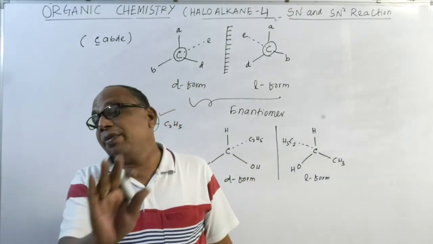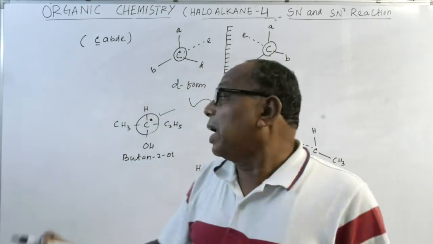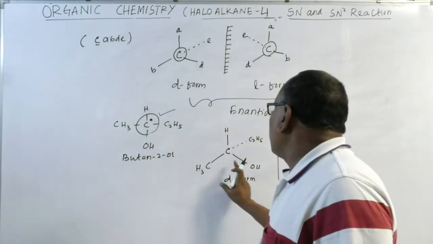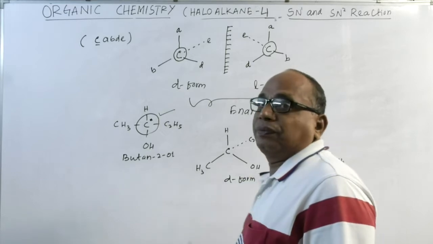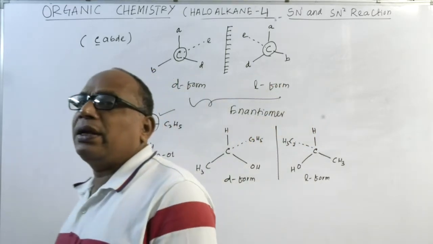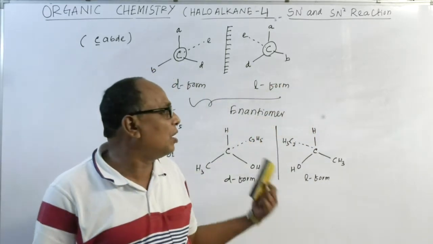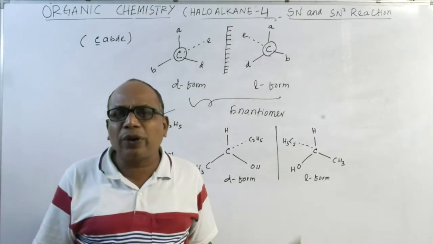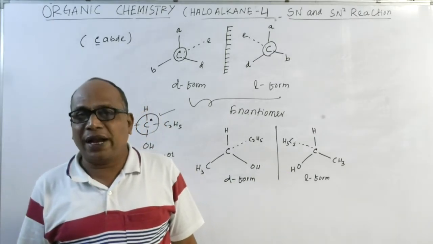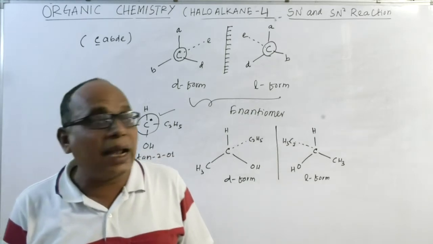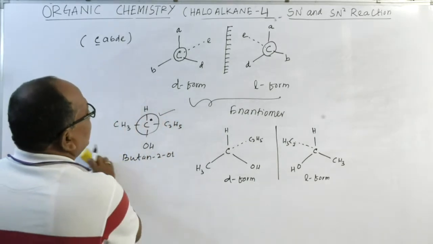Then only it can exhibit optical isomerism. One is D form and the other is called L form. We will be studying in higher class all about the D form, L form, a very important class, optical isomerism. Okay students, are you clear what is D form and L form?